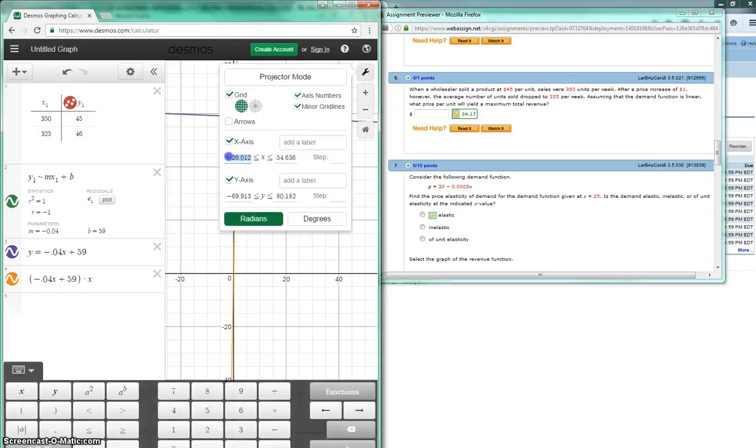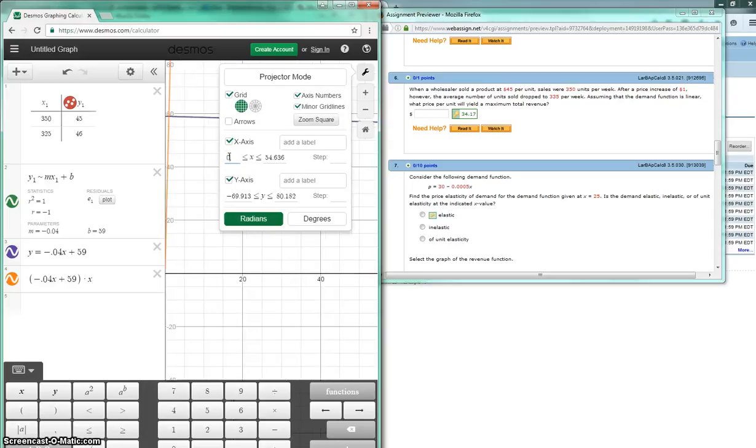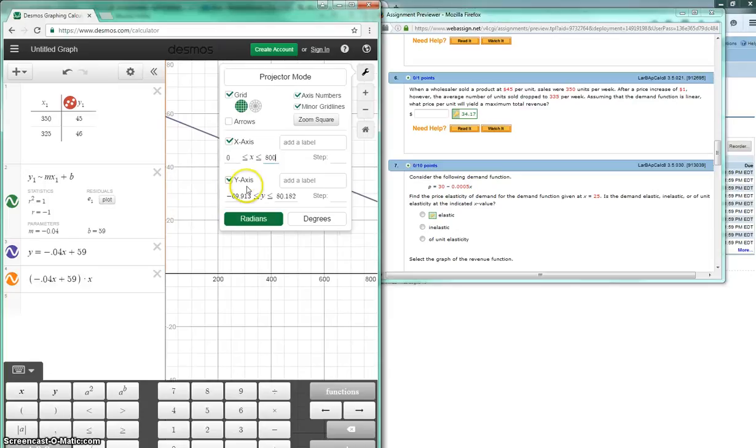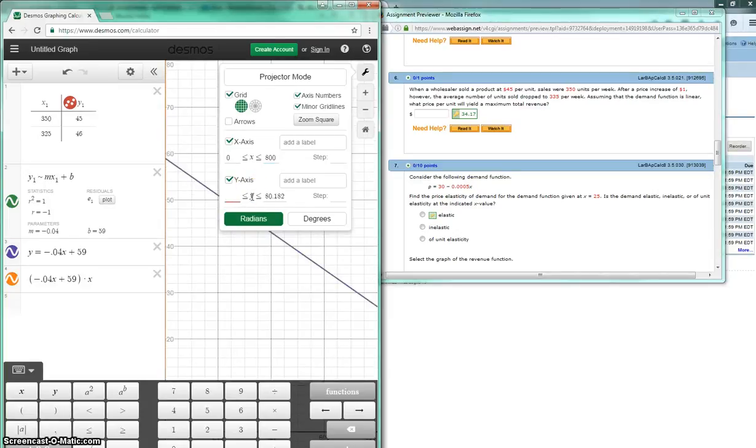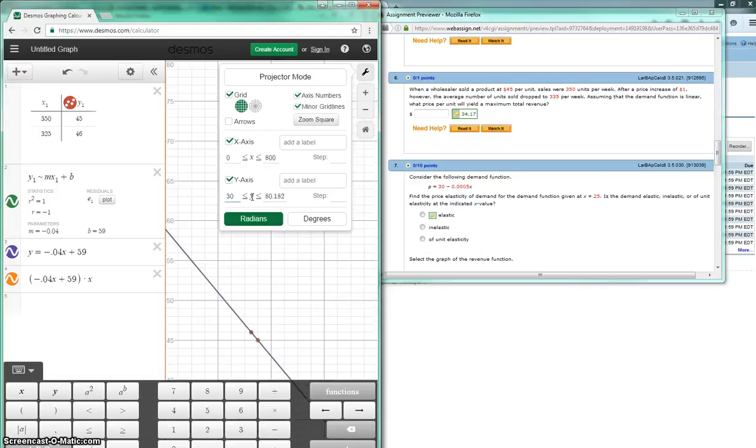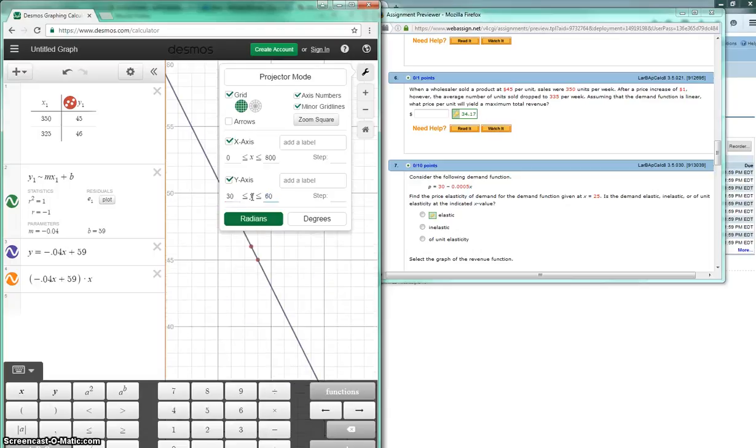So X is my quantity sold, my demand. Let's go to 0 to like 800. And then let's say my price goes from, I don't know, 30 to 60.